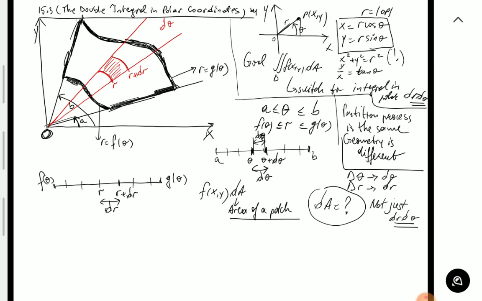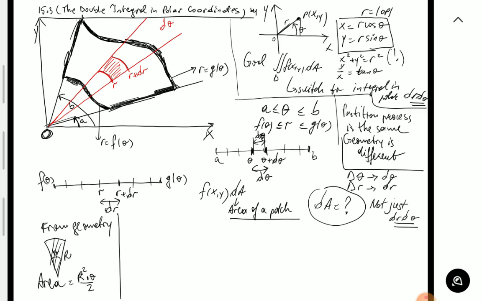Well, again, the geometry comes to the rescue here, because we know from the geometry that if we have a segment of a circle, let's say this is the angle theta and this is a radius, the area of a segment of a circle, or a pizza slice, if you feel so inclined, is going to be r squared times the angle in radians over 2, right? If theta is 2 pi, which is the full circle, that results in pi r squared, which hopefully you remember is the area of a circle.